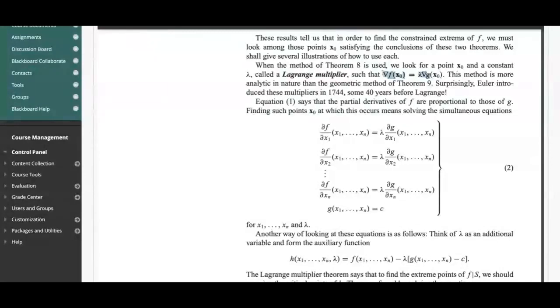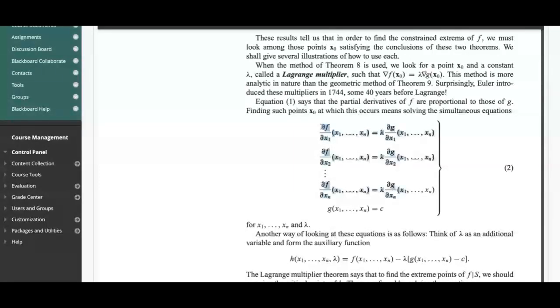So basically, we're using this equation. This looks like one equation, but how many equations are hiding? If x naught is an n space vector, that means we have n equations, depending on the dimension of the domain. Because for the partial of f at x naught, if the domain is n space, we would have partial f partial x1, partial f partial x2, up to partial f partial xn.